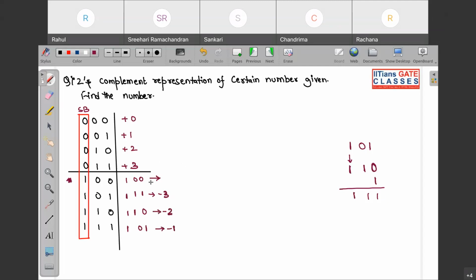Okay, so what is this number? What should I write over here? Suppose I ask you, this number is given in your 2's complement form.